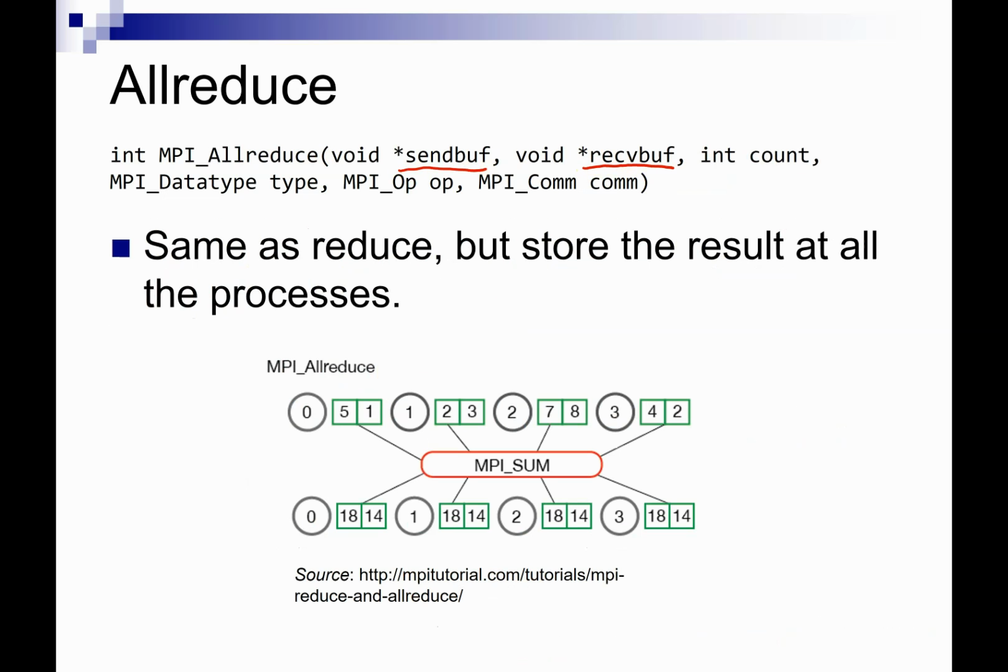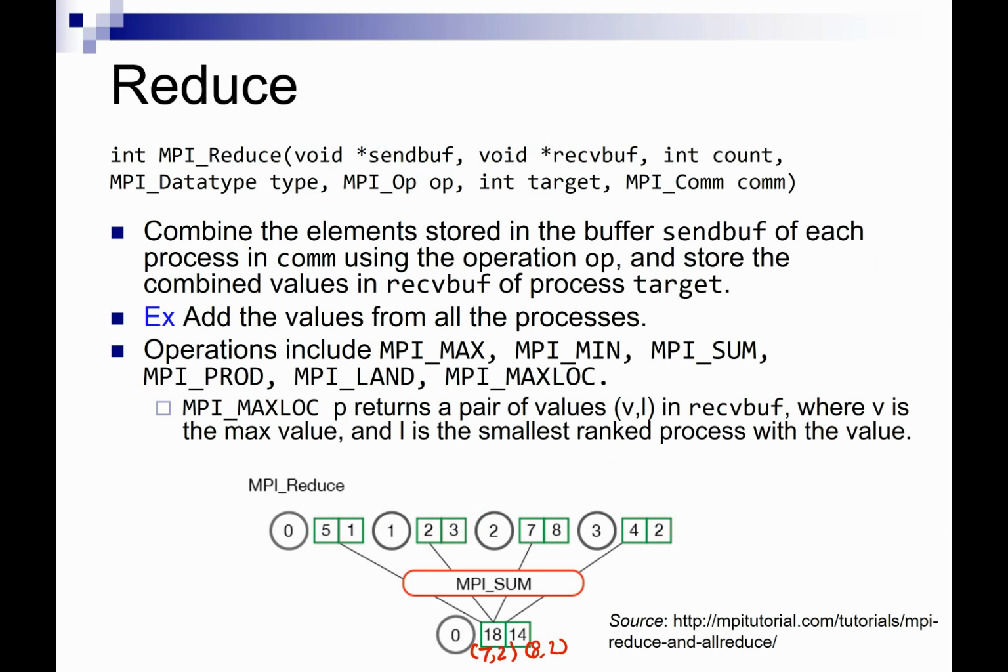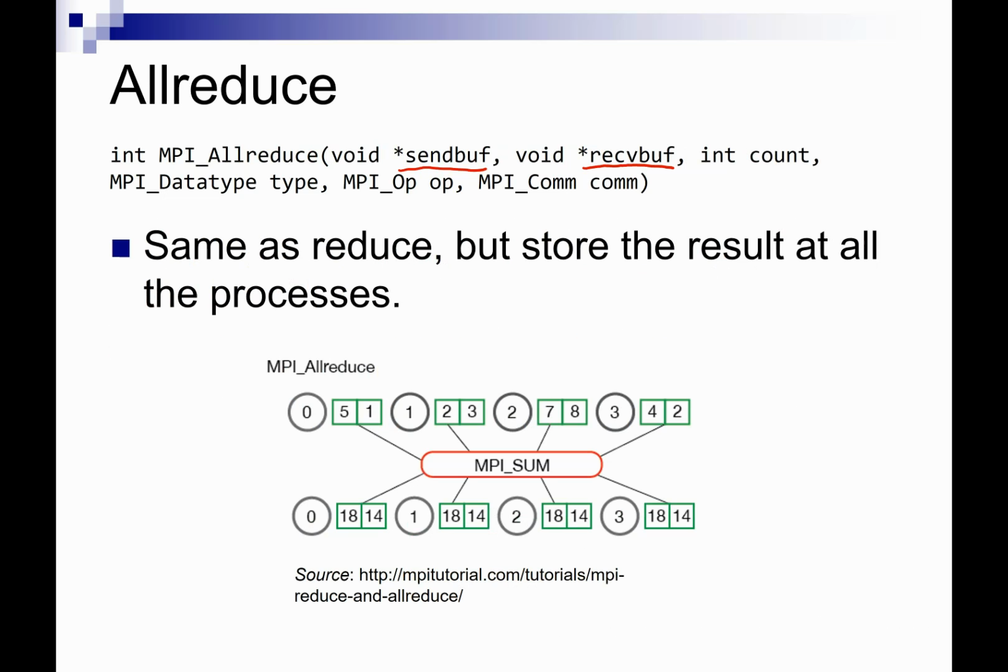And every process needs to now allocate a receive buffer to take all this data. Okay, so now if you compare this picture with the previous picture, right, they're the exact same thing, except in the previous one for reduce, only process 0 received these sum values, whereas for the all reduce, all of the processes receive these sum values.